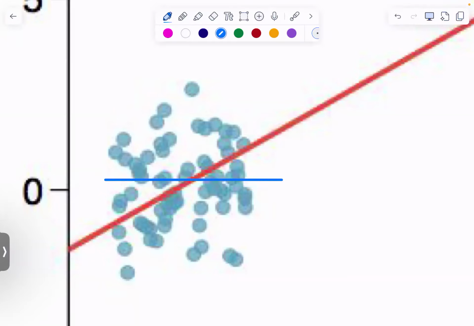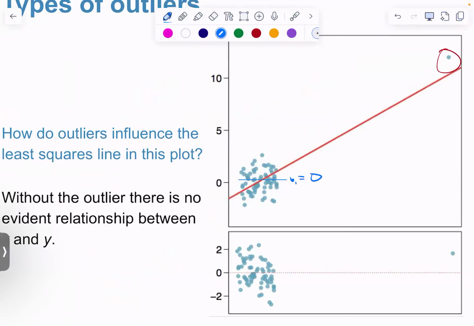If I modeled just these data points, I would probably have a horizontal line where the slope is 0, meaning no relationship between x and y.